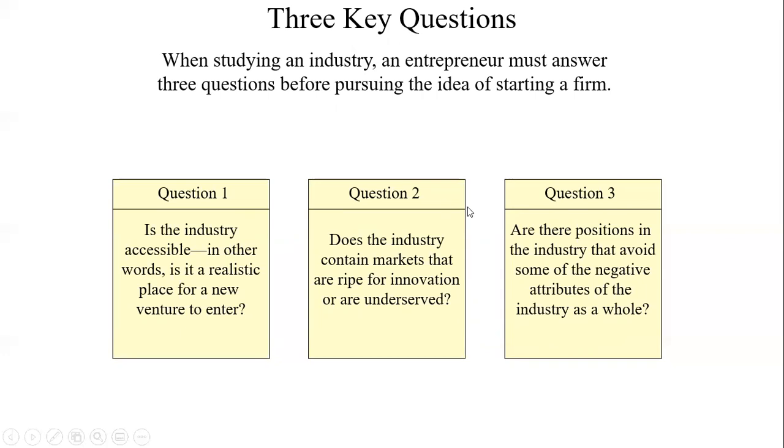If the answer is no, then it means that pursuing this particular industry, you will not be free from some of these negative attributes. But if it is yes, then it means pursuing it will be a good idea. Okay. So are there positions in the industry that avoid some of the negative attributes of the industry as a whole?